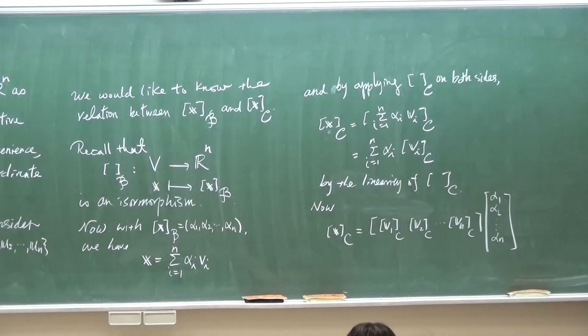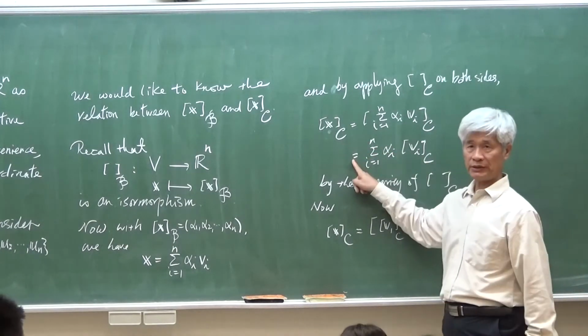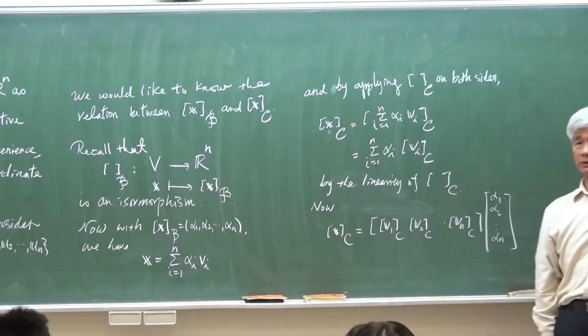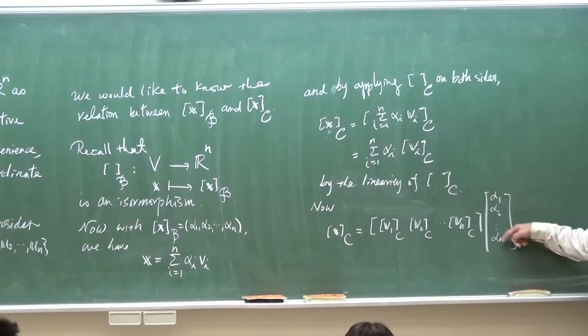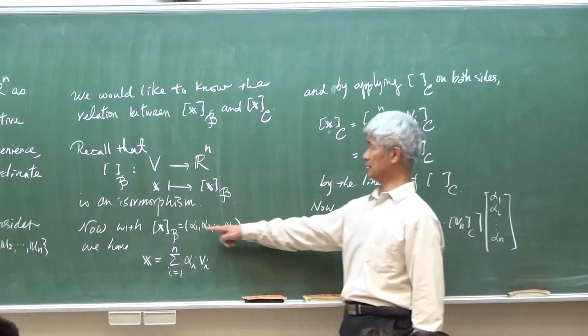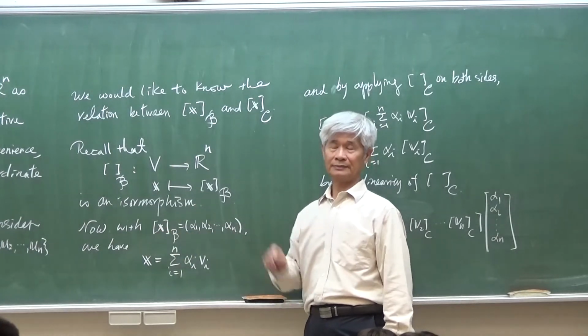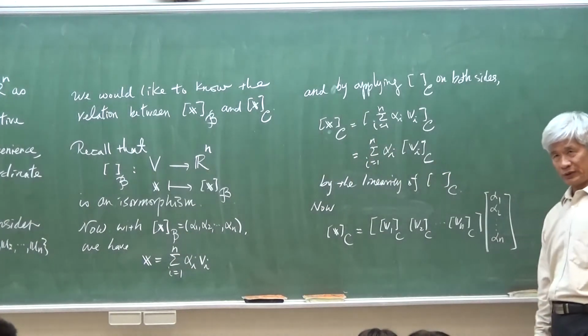okay, so you can write this equation into a matrix equation. The advantage is that, what is this column vector? The column vector is just the B coordinates of x.